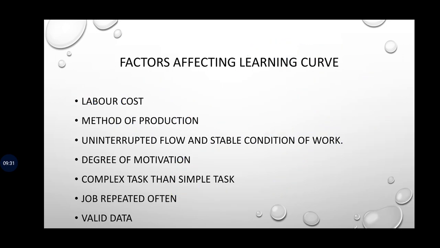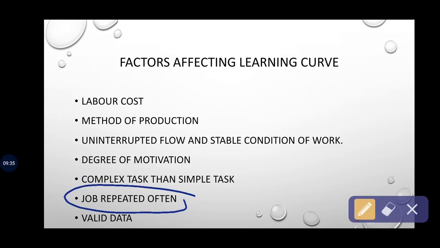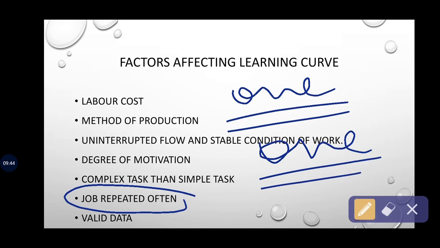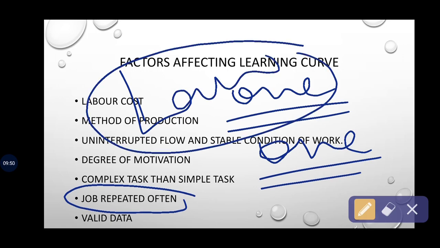Next is job repeated often. If we are doing the same thing again and again, like yesterday I told you, reading of that law book. If we start reading the law book daily, we read 5 pages, the next day 5 pages, the next day we will read 10 pages.